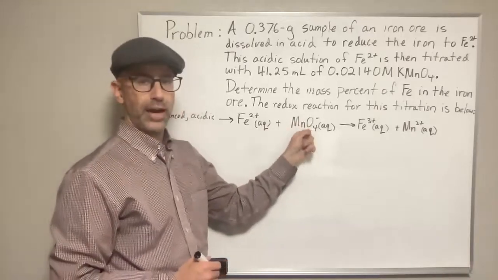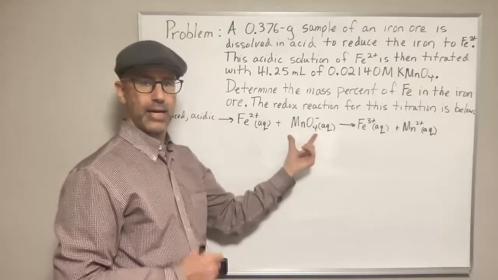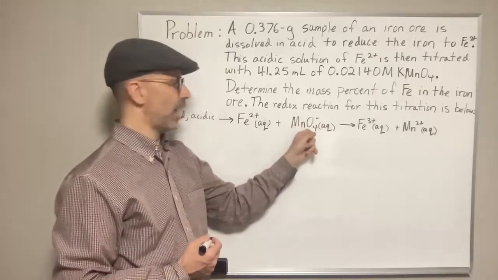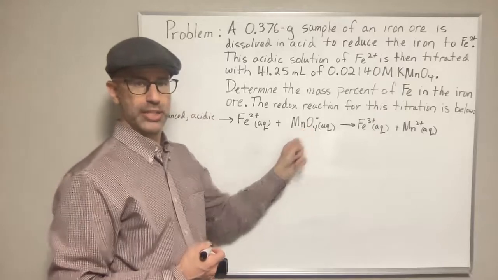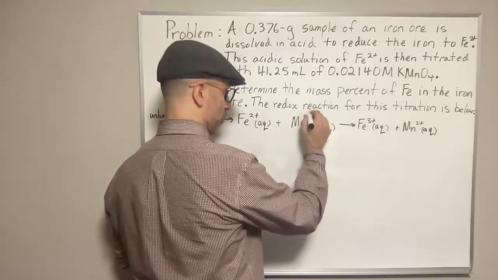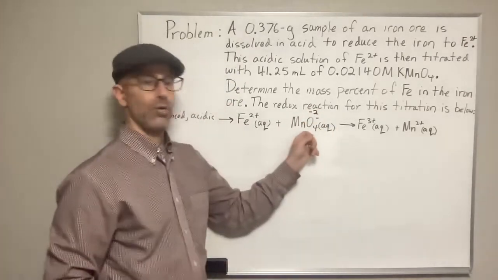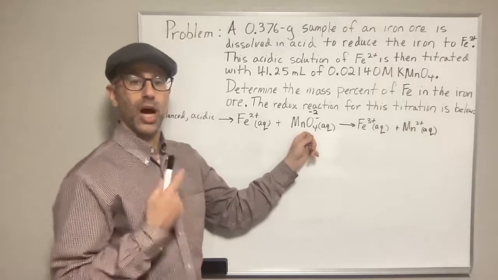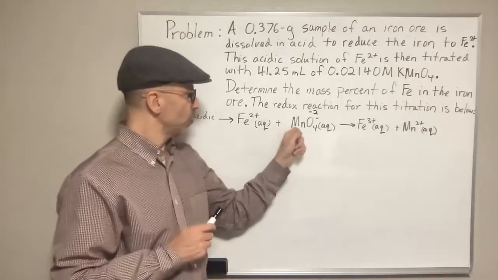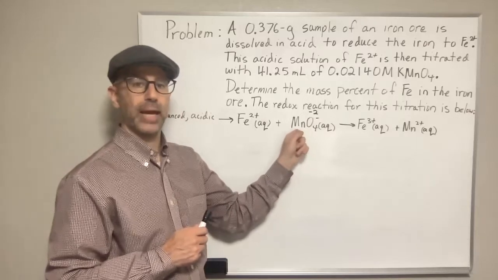Well, the rule is that when oxygen is part of a polyatomic ion or a compound, the oxidation state of oxygen is -2. So each of those 4 oxygens has a -2 oxidation state. The next thing we need to do is find the oxidation state of manganese.